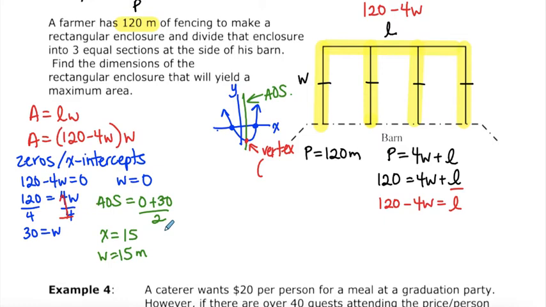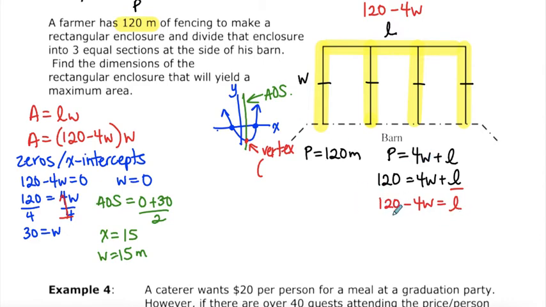If I know the width of this fencing, then I can figure out the length, because I already isolated for length over here when I looked at my perimeter. So I don't actually have to plug this 15 back into my equation to find the maximum area, because my question just asked me to find the dimensions to produce a maximum area. The solutions that I'm going to post online show you what the maximum area is if you wanted to calculate that, but for time and purposes, we'll just stick with what the question asks.